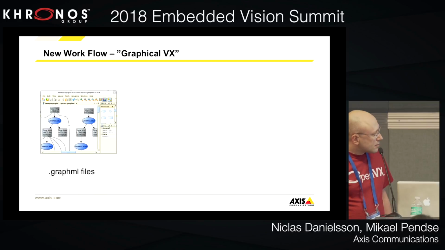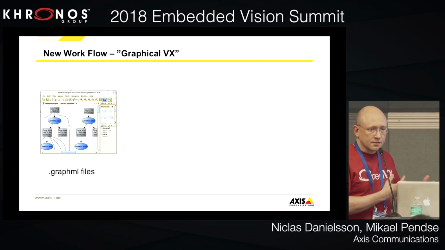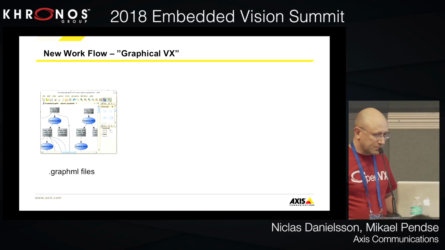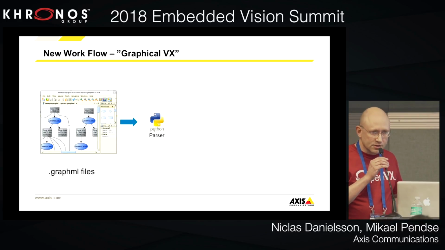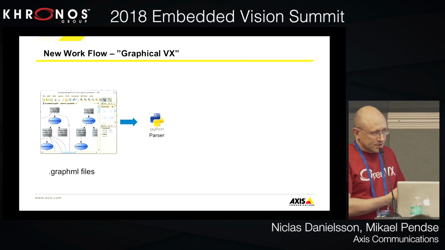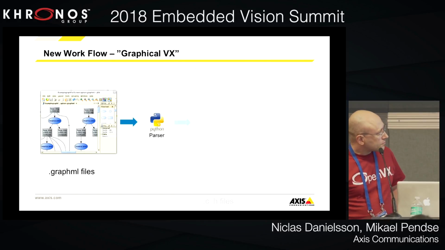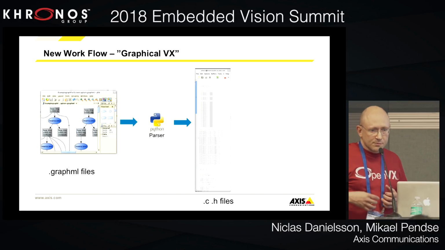So we thought, why not add some extra information in those nodes? A little bit about the formats and how they're connected, the names and so on, the extra metadata coming from the standard, and then we can try to parse that. So the next thing we did was to write a parser to parse that information for us, and then the parser can auto-generate the code.